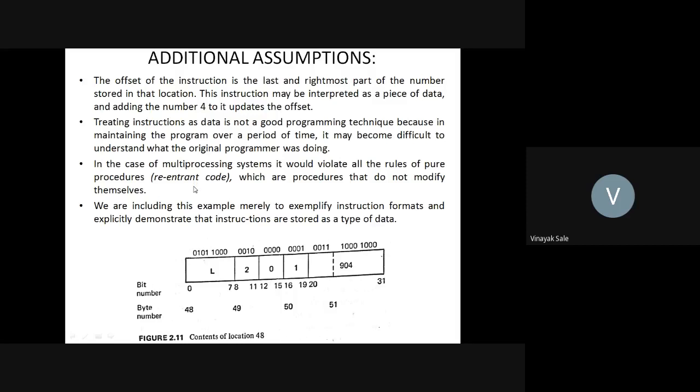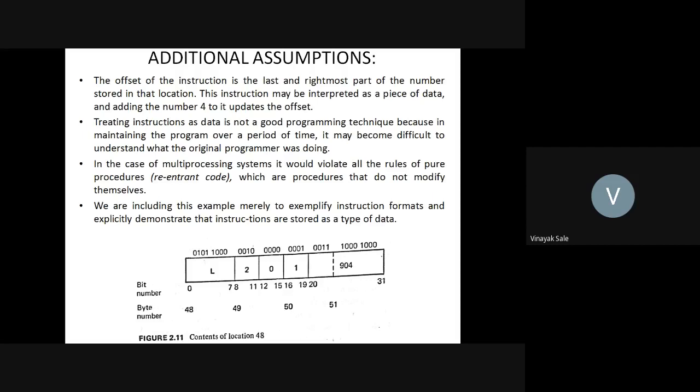Treating instructions as data is not a good programming technique, because when maintaining a program over a long time, it may become difficult to understand what the original programmer was doing.